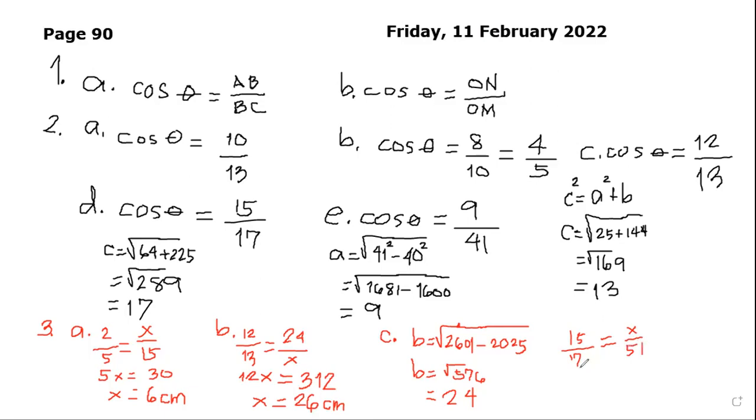So you have now 17x. All right, 1 minute more. This is letter C. Not 7, that's 17. 17x equals 765, so x equals 45 cm.